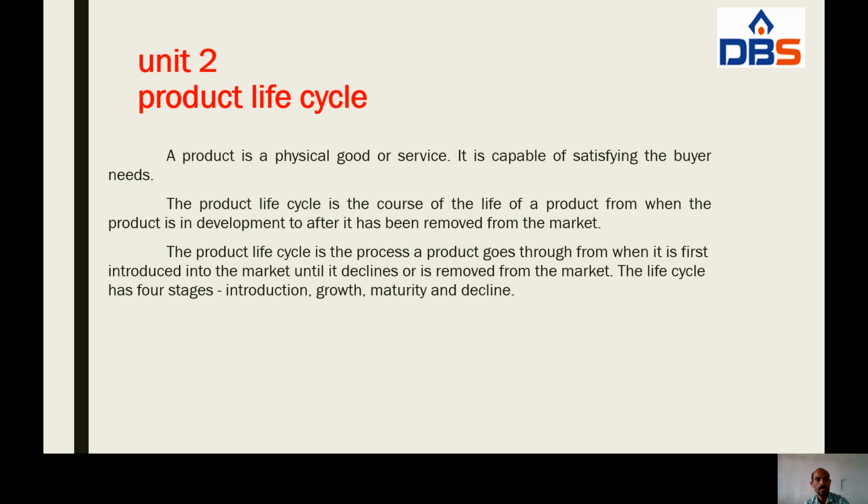And the next, the product life cycle is the course of the life of a product from when the product is in development to after it has been removed from the market.